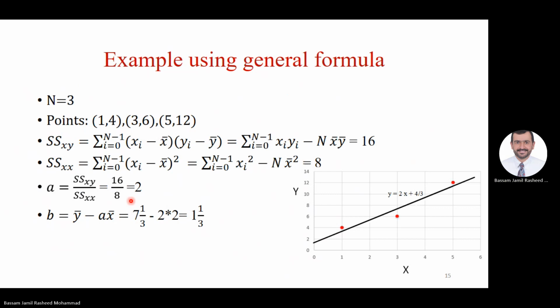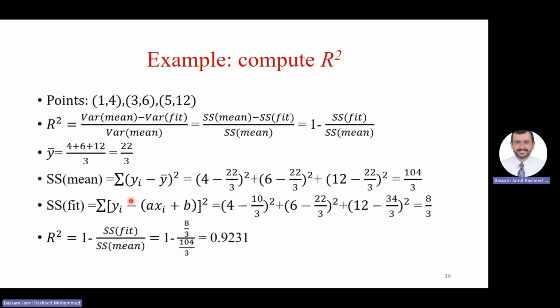Now, one might think of measuring the R squared, which is a good indicator of how well our data is fit. So let's compute these averages. So the average for the y, as we indicated in the previous slide, 4 plus 6 plus 12 divided by 3, that gives you 22 over 3.